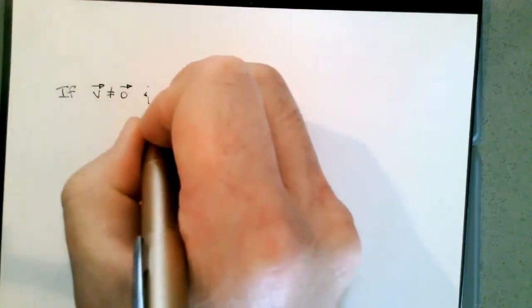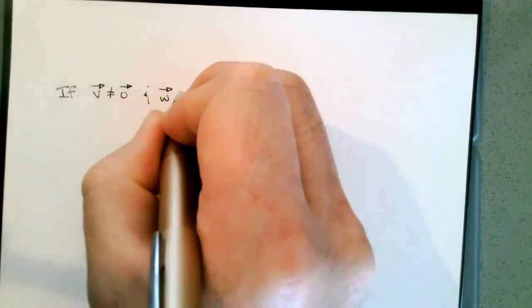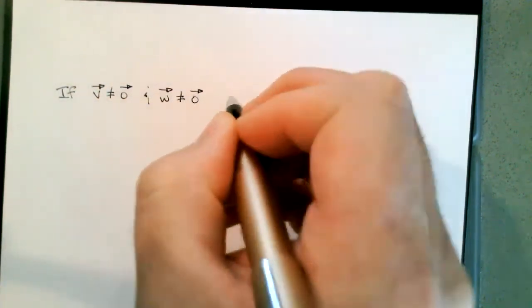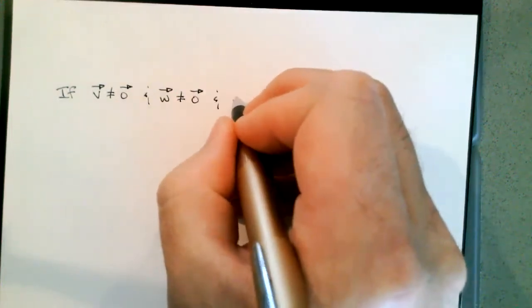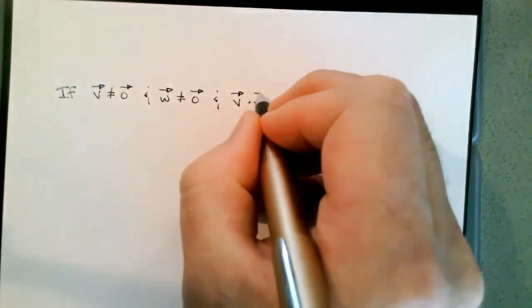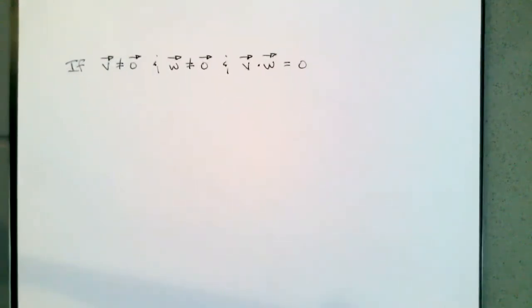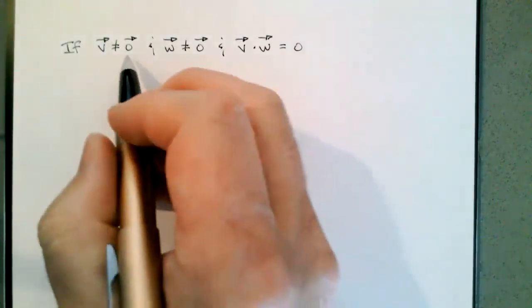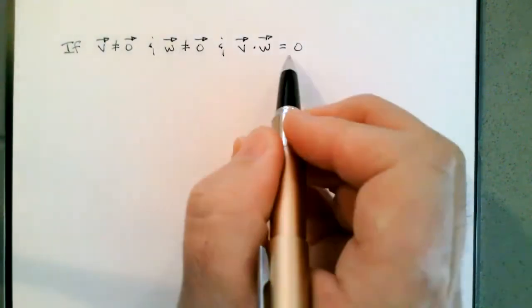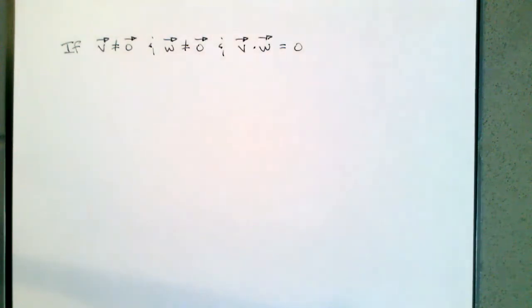So one thing that we want to note about the dot product: if v is not 0, and w is a non-zero vector, and v dot w is equal to 0, notice that these two zeros here are 0 vectors, and this 0 is the 0 scalar.